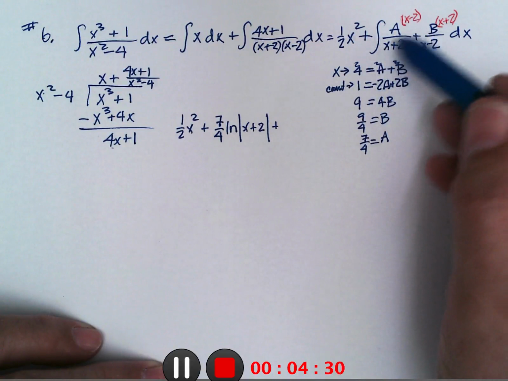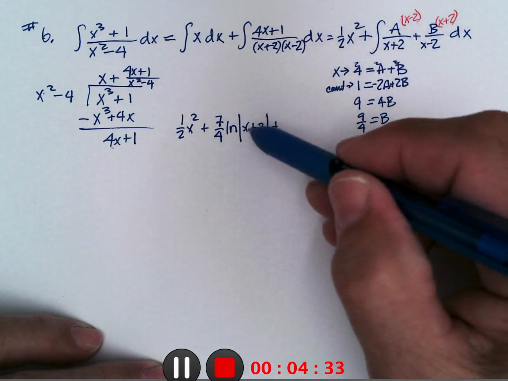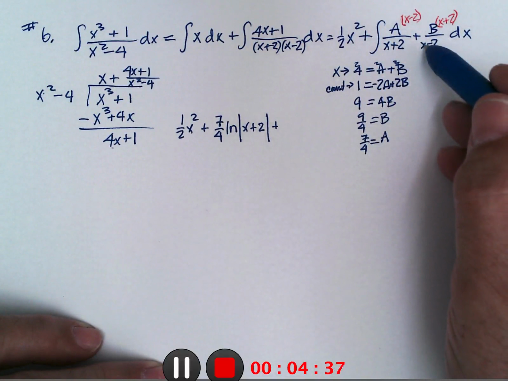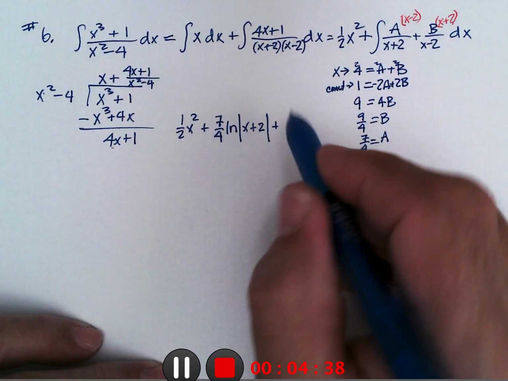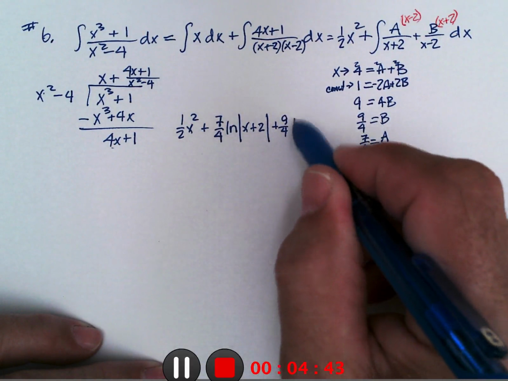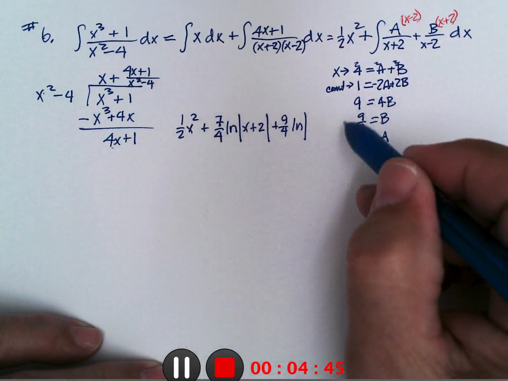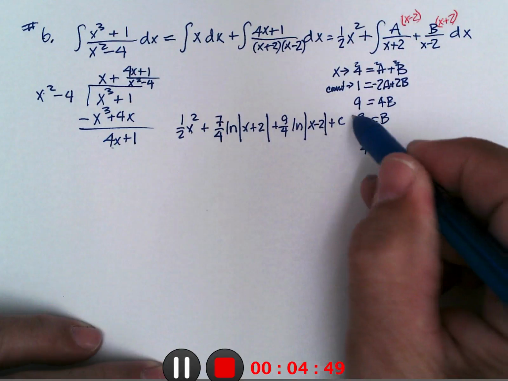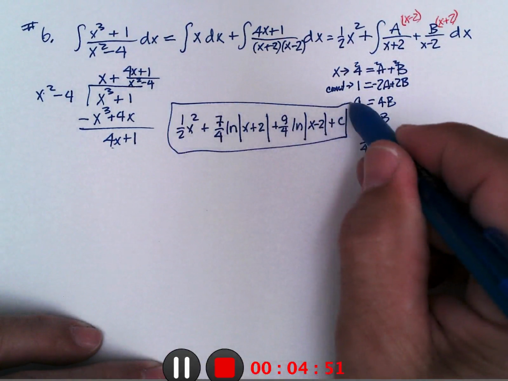And u-sub on this one would be u equal to x minus 2. It comes out to be 9/4 ln of x minus 2 plus c. So there's the final answer for the antiderivative of that.